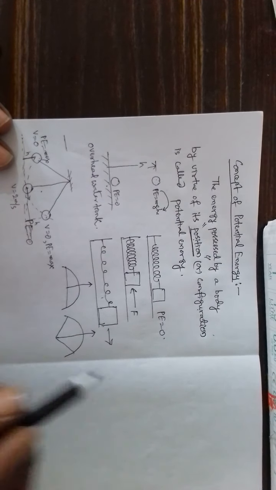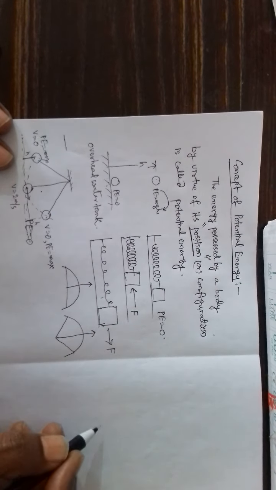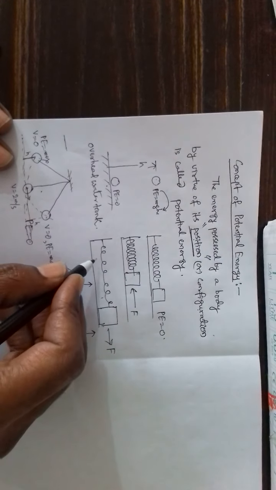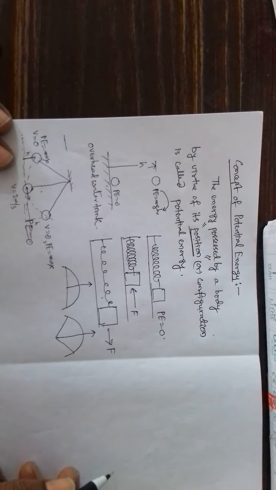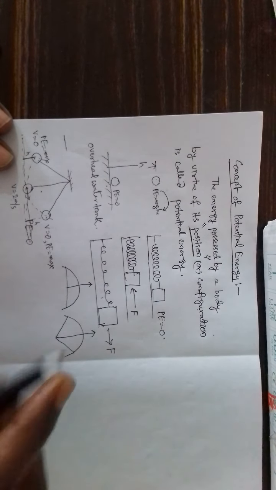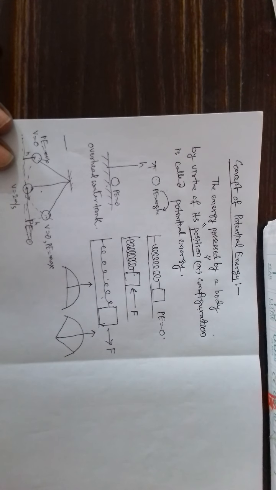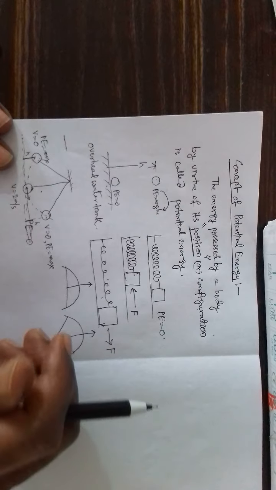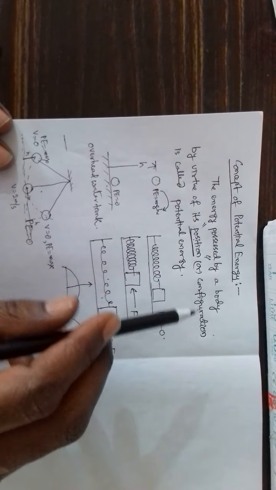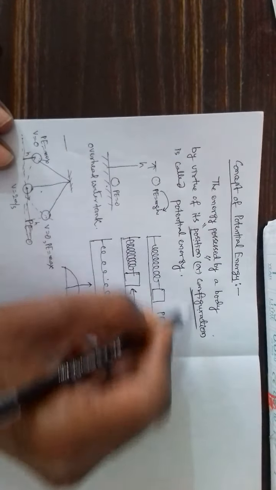Just like that, here you are applying force in stretching the spring. To stretch a spring also you have to do some work, and the work done is stored as potential energy inside the spring. In this way it possesses some potential energy, and this is by virtue of the configuration.